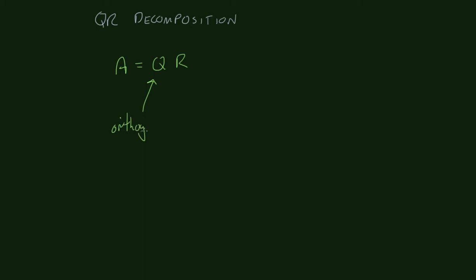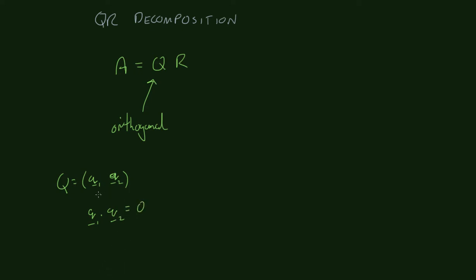Now Q is what we know as an orthogonal matrix. Orthogonal matrix means all of the columns of Q have a dot product equal to 0. For example, if Q was equal to Q1, Q2, then the dot product between Q1 and Q2 is going to be equal to 0.